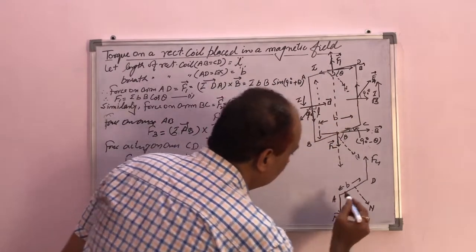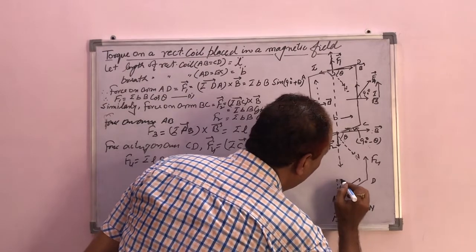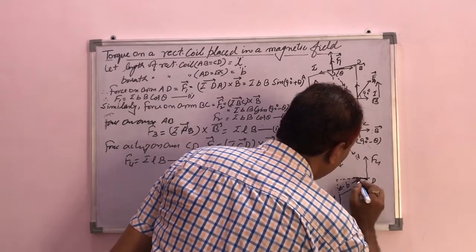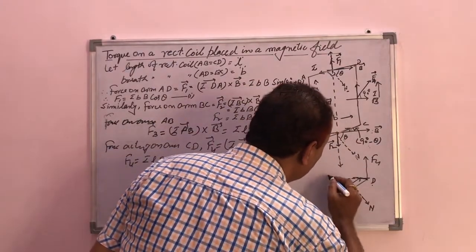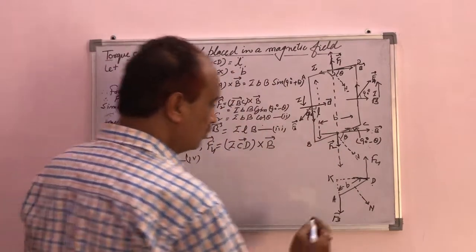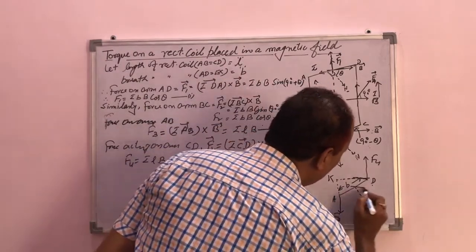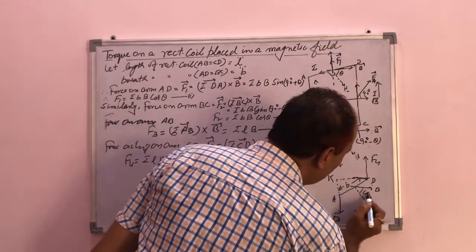So these forces are perpendicular. If we extend these and connect them like this, we will get a triangle, say K. It is equal to B and the normal is drawn here, and the direction of the magnetic field is like this, that is B. The angle between them say is theta.